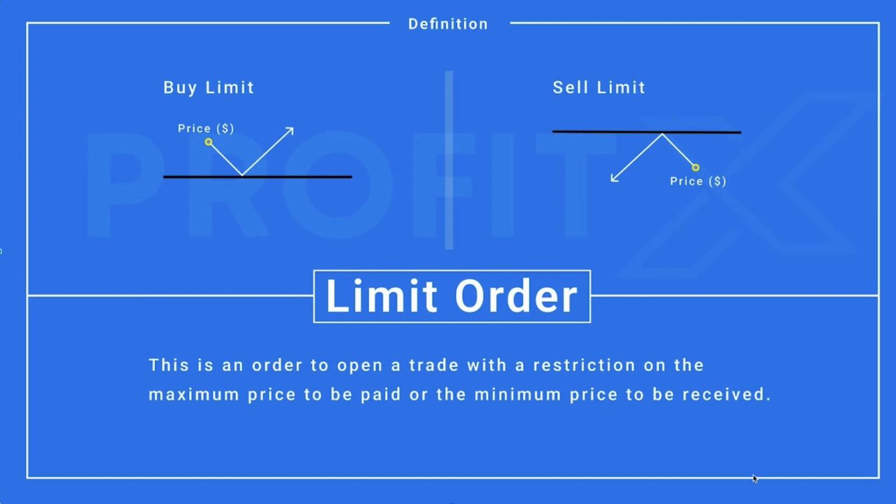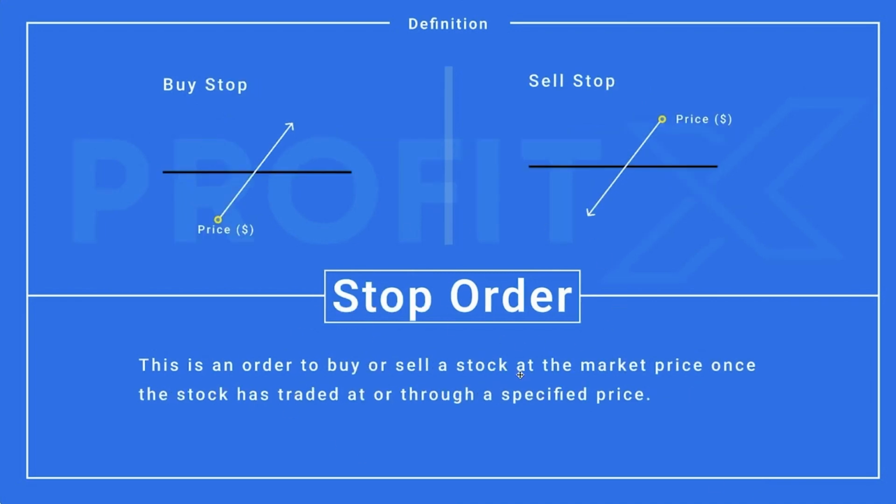Okay. We have what is called the stop orders. Okay. You have the buy stop and the sell stop, right? So this is in order to buy or sell at the market price once the stock or currency or commodity has traded through a specified price, right? So the buy stop is saying, okay, when the price is moving aggressively here, then place a buy for me. Okay.